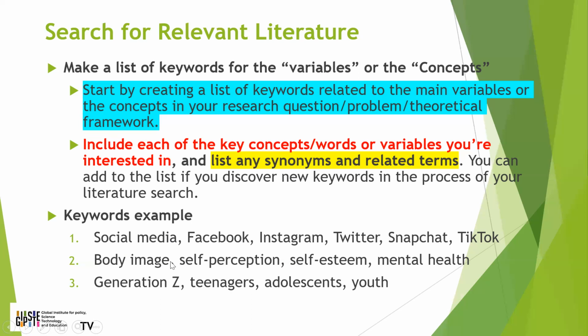We have also body image. Some of the synonyms for body image are self-perception, self-esteem, mental health. And for Generation Z, the synonyms include teenagers, adolescents, youth. So these are the keywords that you will be using to search for information.